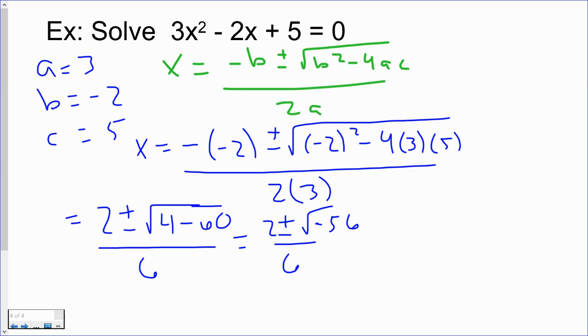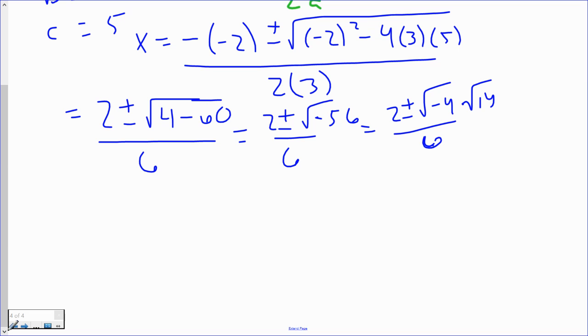And we can simplify that even further. So that's going to give me 2 plus or minus. I can break that down to be negative 4 and then 14, like this. And then that would give me 2 plus or minus 2i, and then radical 14 over 6.